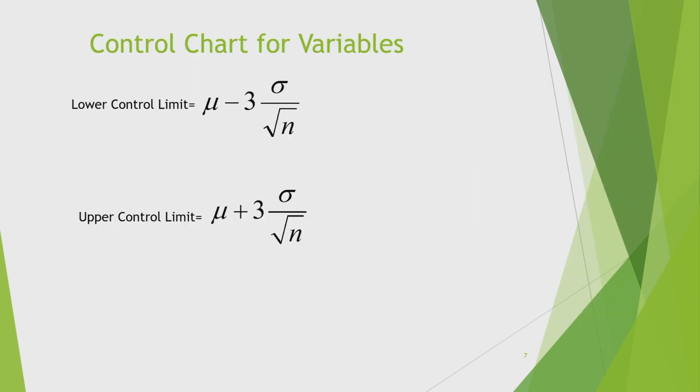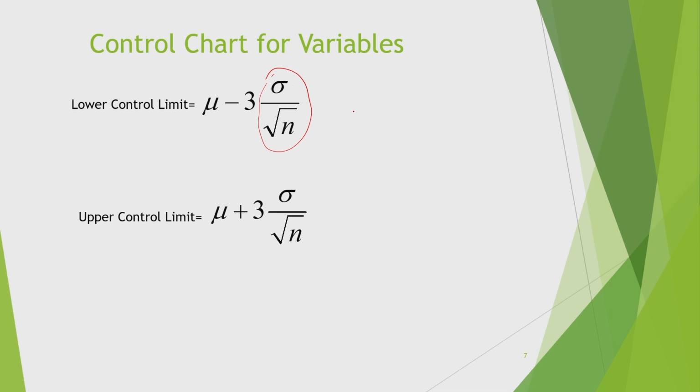So, based on that concept, if I want to make a control chart for a variable quantity, what I can do is plot the sample mean. Instead of plotting the quantity, I must plot the mean, with limits minus 3 sigma by under root n and plus 3 sigma by under root n, that is the standard error, the standard deviation of the sample mean being sigma by under root n.